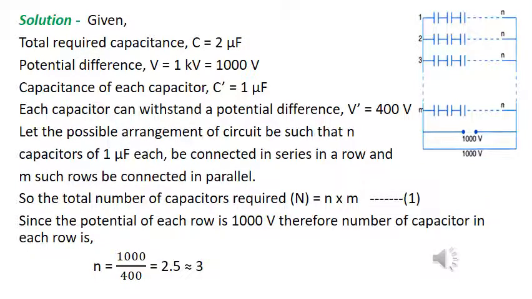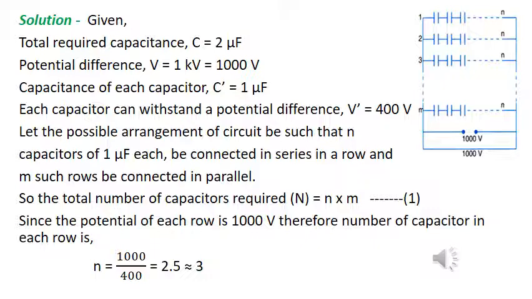In the solution, it is given that total required capacitance is 2 microfarad. Potential difference in the whole circuit is 1000 volt, and the capacitance of each capacitor is 1 microfarad. Also, each capacitor can withstand a potential difference of 400 volt.